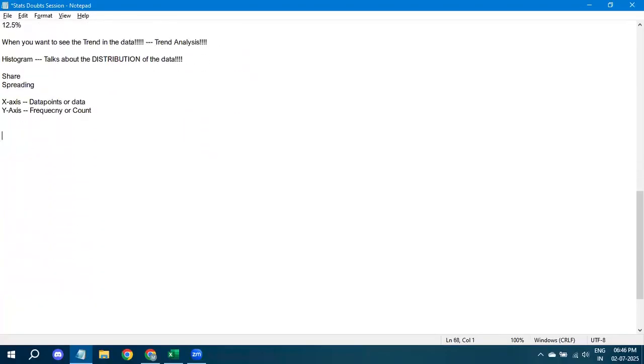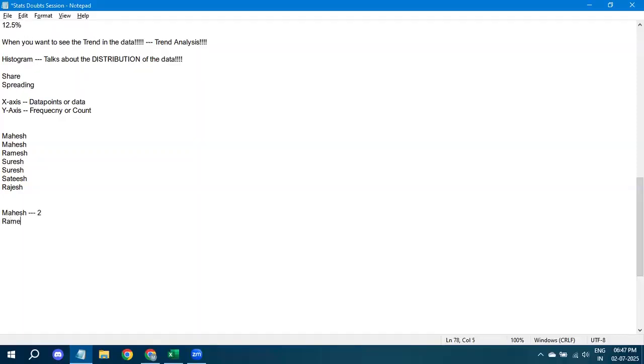For example, Mahesh, Ramesh, Suresh, Satish, Rajesh. Now, frequency or the count means how many times Mahesh is repeating. How many times Mahesh? 2 times.